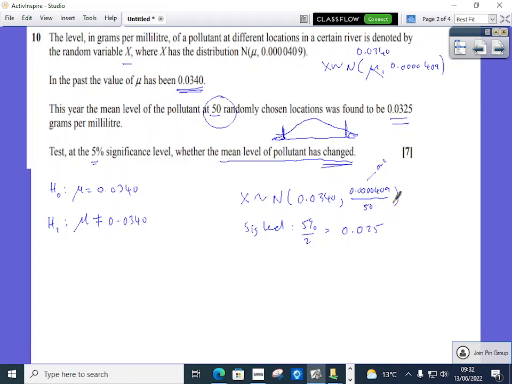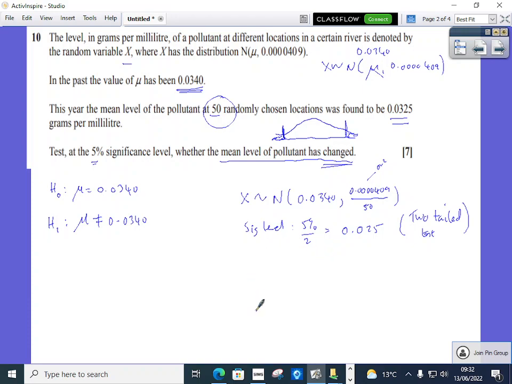So we're going to test it for that. And it's always a nice thing to say this is a two-tailed test. So far you've got at least 3 marks, you might even get 4, because you said that's divided by that, and you've also stated the significance level. So I reckon a good 4 marks, and this is standard.